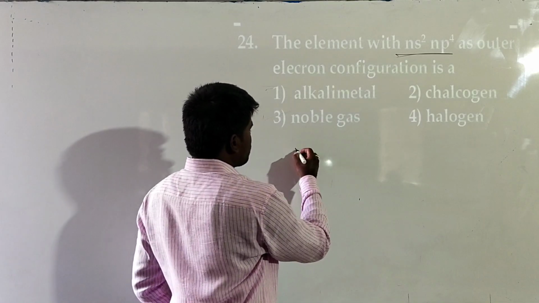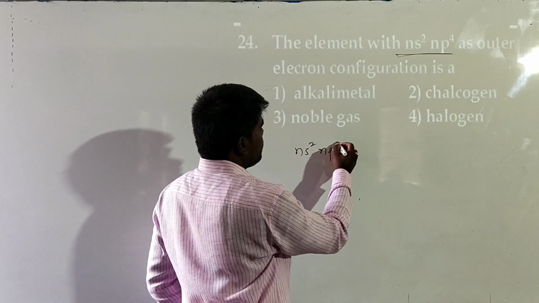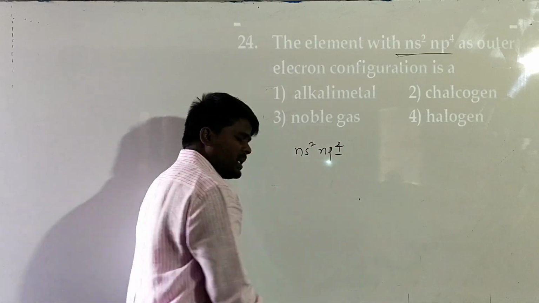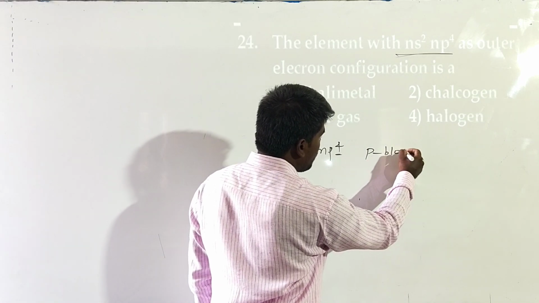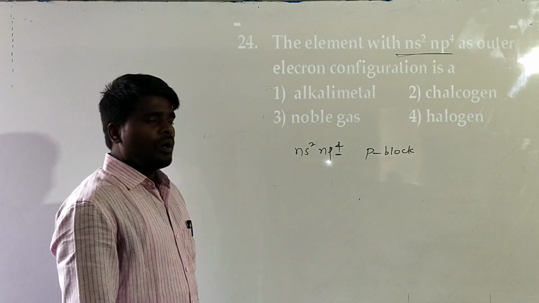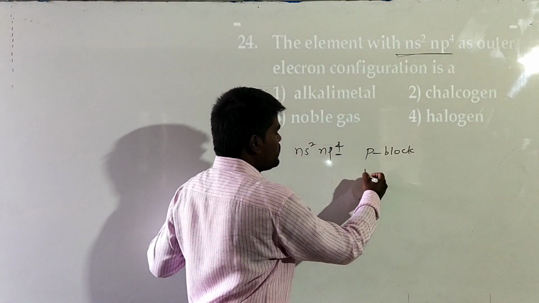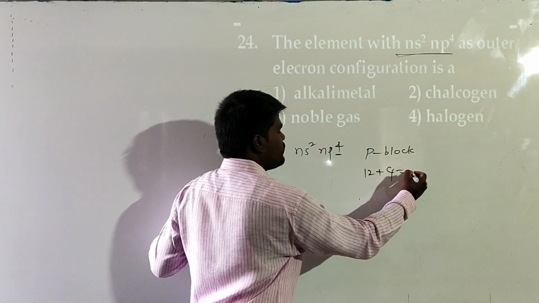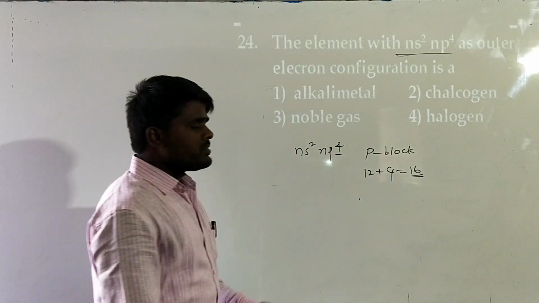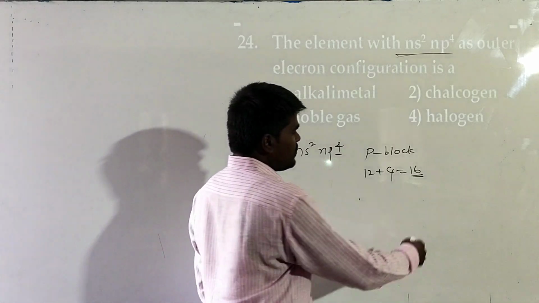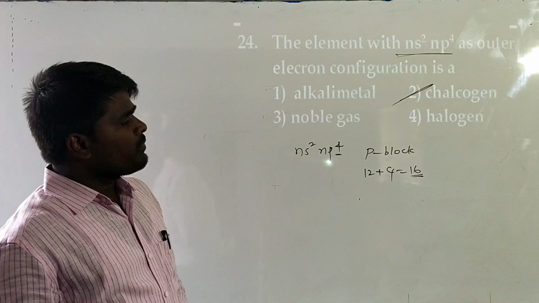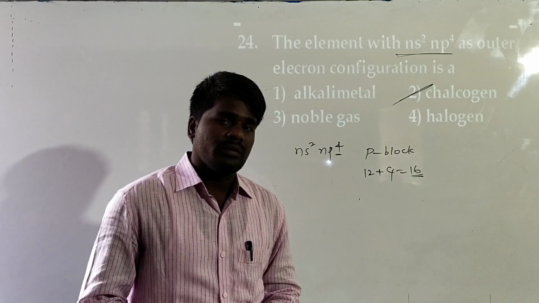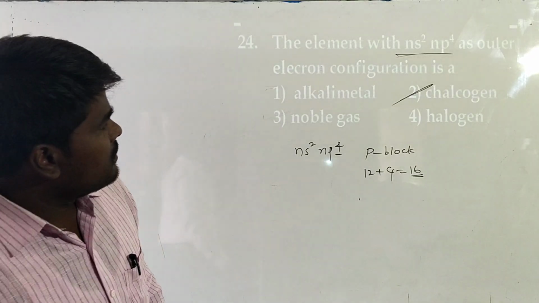As the valence electronic configuration is ns2 np4, the differentiating electron is present in the p orbital, so this group belongs to the p block. And how to identify the group number? Group number will be 12 plus 4, the 16th group. What will this 16th group also be called? It is called chalcogens, or we can also call it the oxygen family. Is that clear?